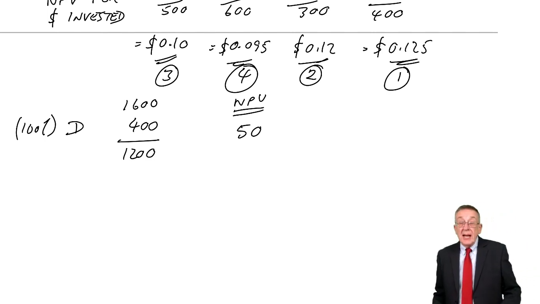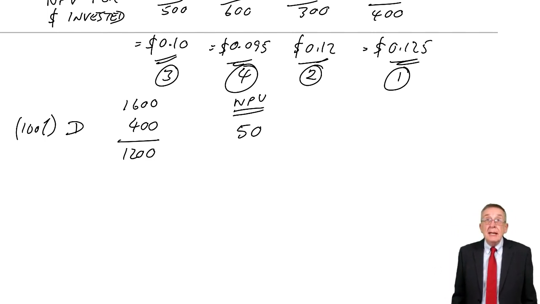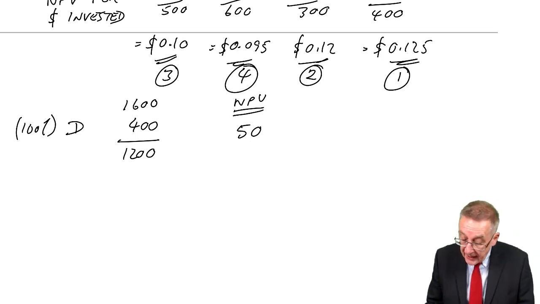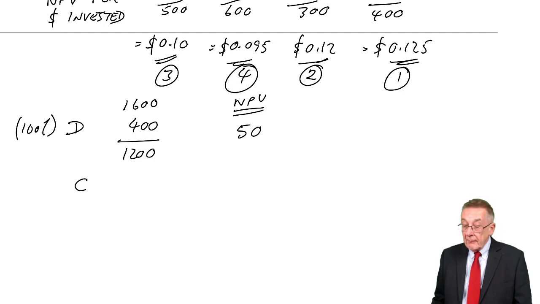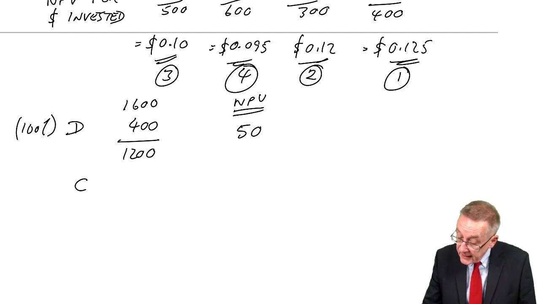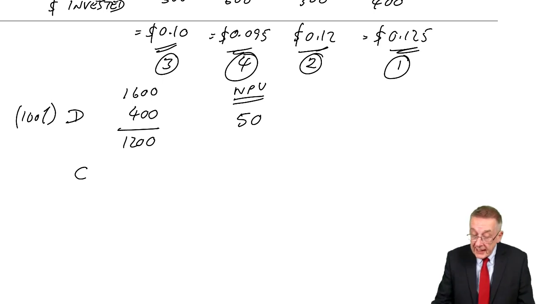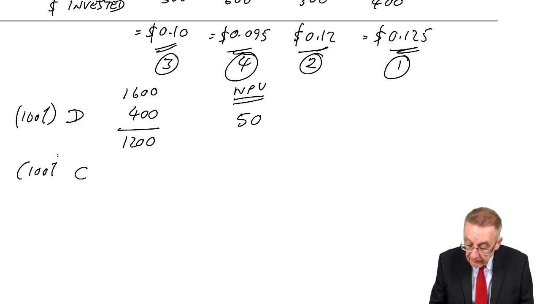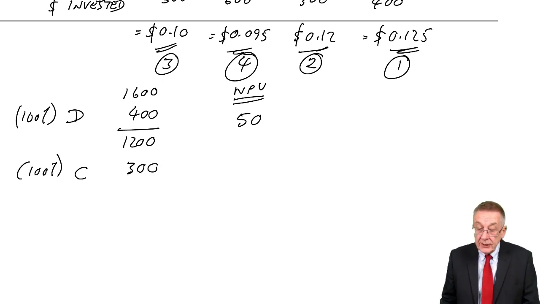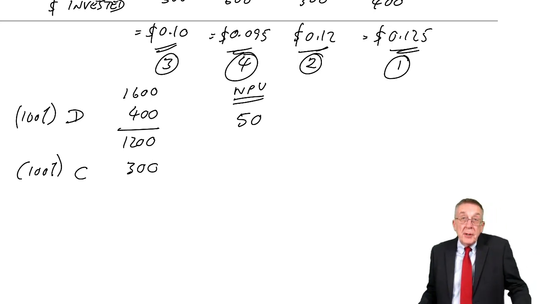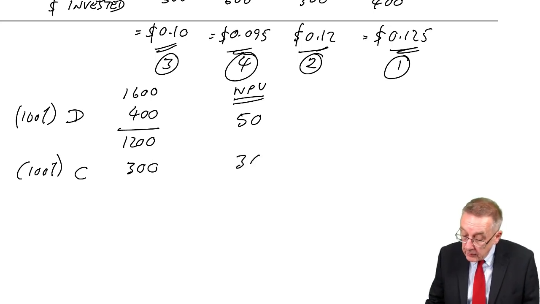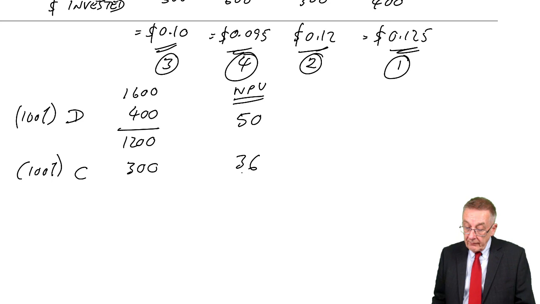I've still got 1,200 left. We can't invest more in D, maximum 100%. So we'll go to the one that's next best, which is C. How much does C need? 300, so I can do all of C. We'll invest 300, and because we're doing all of C, the NPV will be 36.